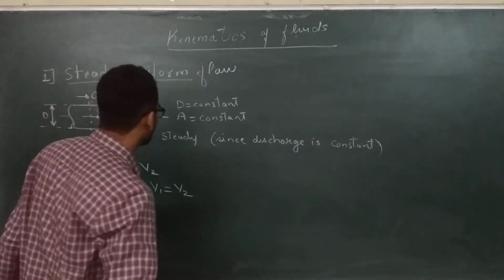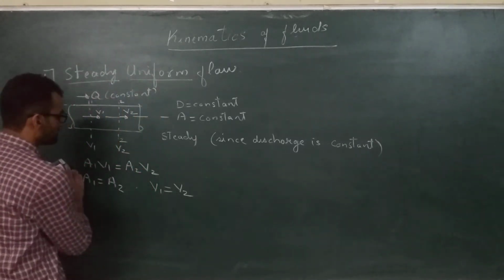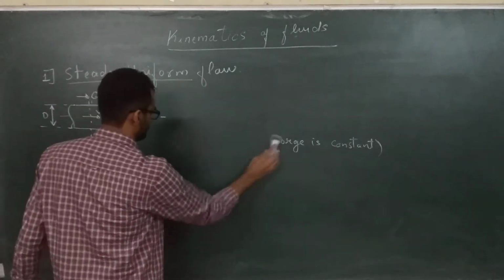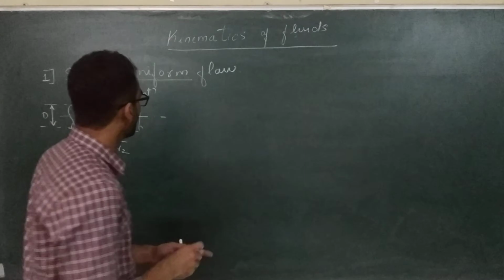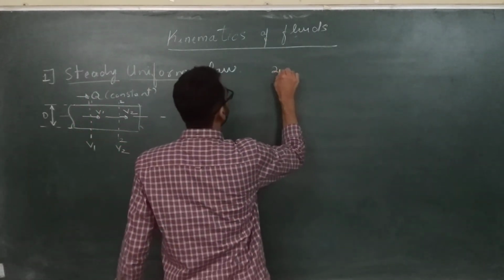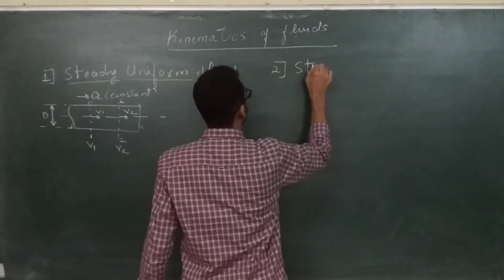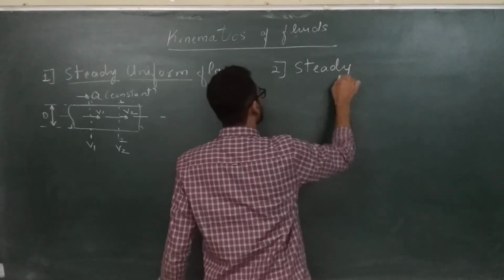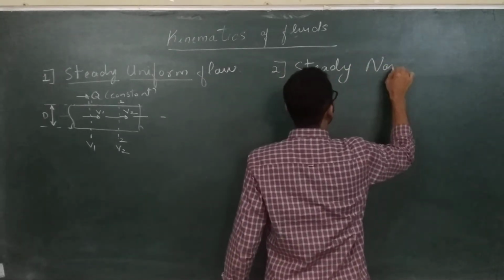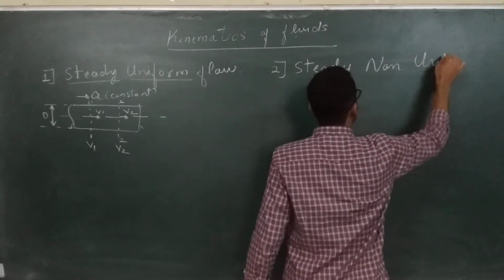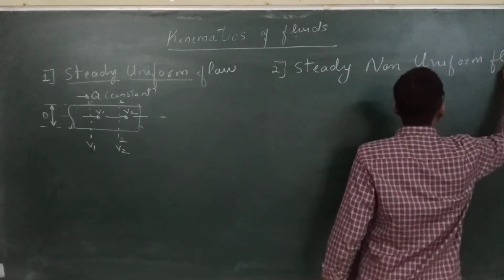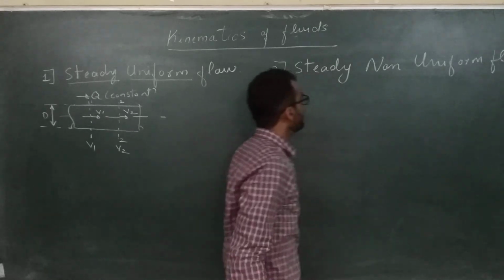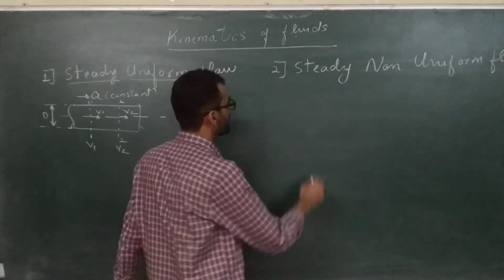Now the next type of flow we'll see is steady non-uniform flow. Steady and non-uniform flow, so it's quite simple.